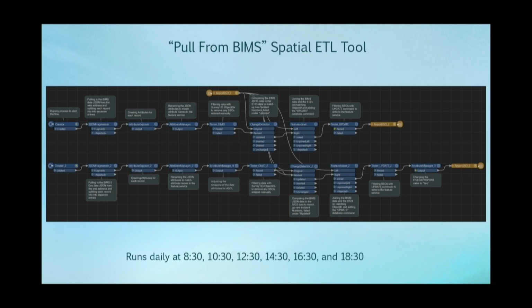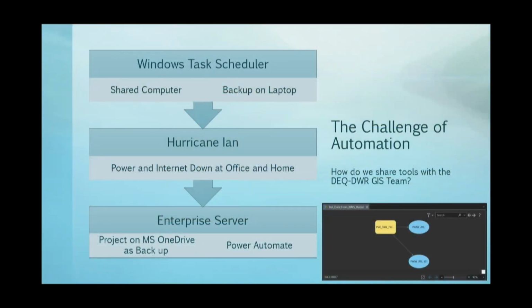And so this bottom section is looking at the data that is from the 5-day report and adding that back into the AGOL feature that didn't originally have any of that data in there. And like I said, this runs the same kind of schedule as pushing the data to Bims, but this one is staggered by 30 minutes.